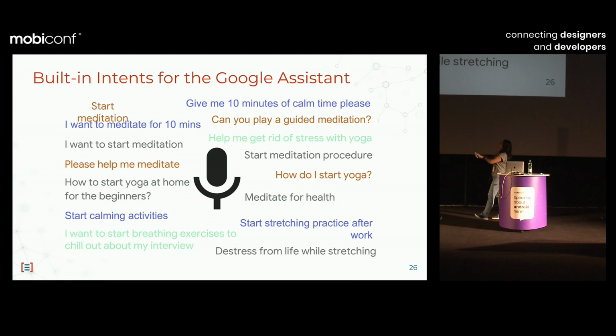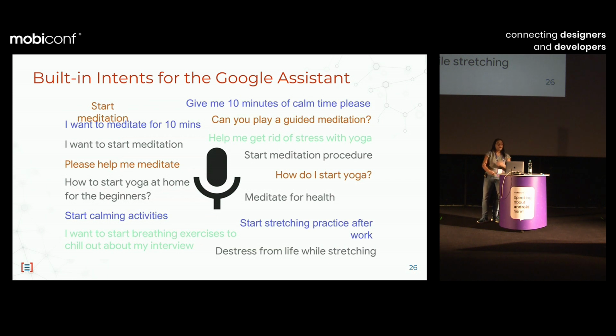So first of all, I'm going to talk about one concept that we have with the Google Assistant. They are called built-in intents. One thing that Google is trying to resolve with these built-in intents is that when you ask a question with the Google Assistant, you can express yourself in a very enormous variety of ways.